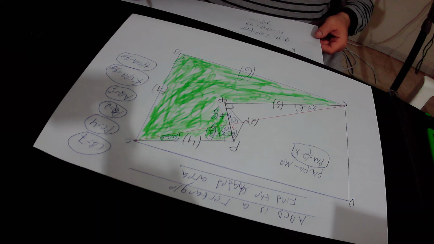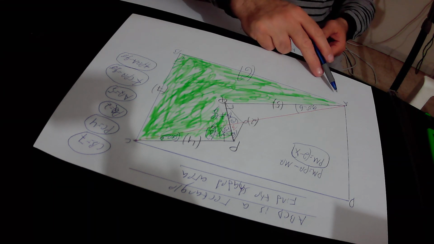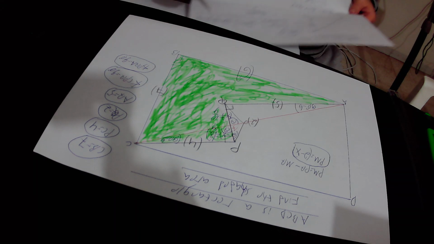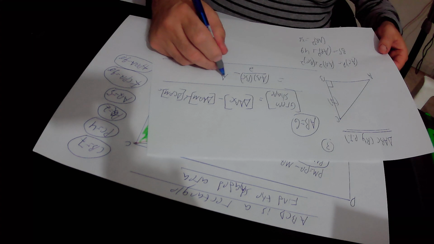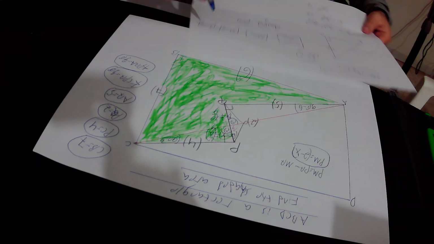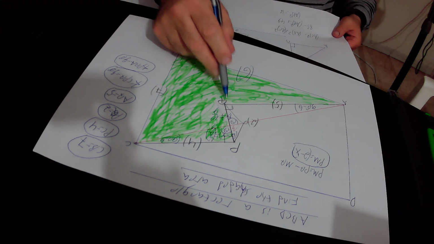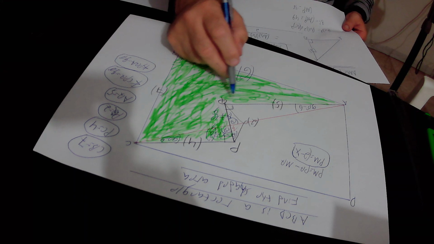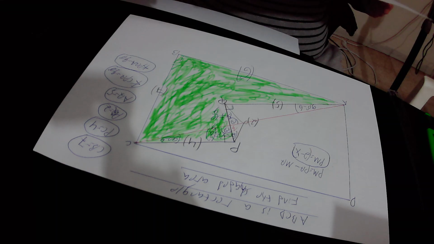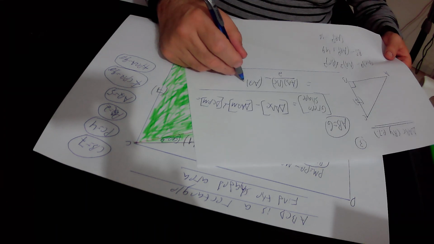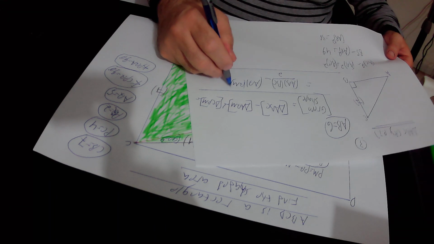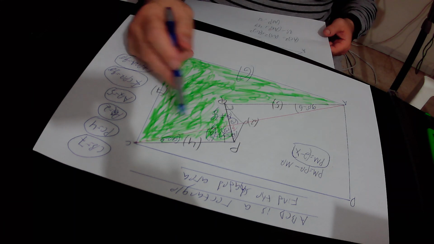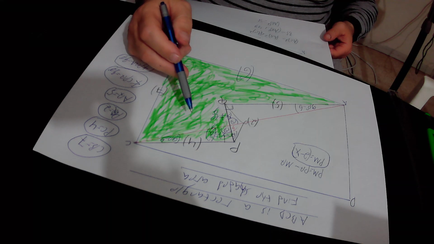So what is the area of triangle AQM? The area of triangle AQM equals the base of the triangle, that is AQ, times the height to the base, that is QM. Again, the height QM creates 90 degrees with the base AQ, over 2, plus the area of this green small triangle, triangle PCM.